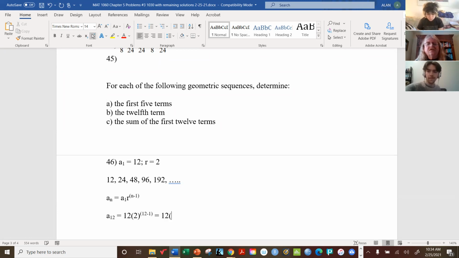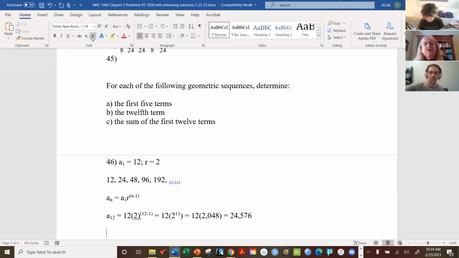So you've actually got here 12 times 2 to the 11th power. And that happens to be 2048. Okay, 12 times 2048. And then when you multiply those out, you get 24,576.